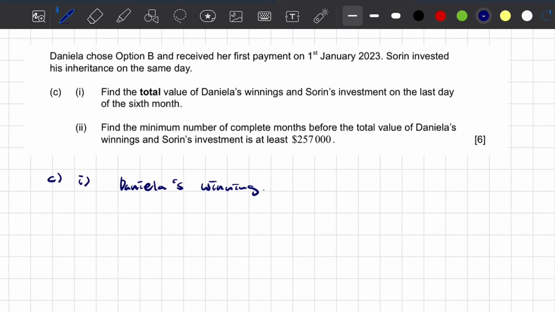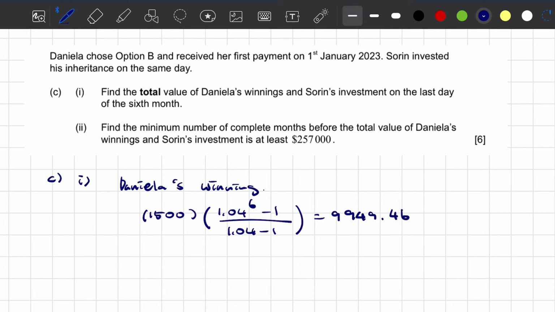So Daniela's winnings is the same as the first payment times 1.04 to the power of 6 minus 1 over 1.04 minus 1. I'm using n equals 6 because we are just compounding for 6 months, right? Then we get the value of 9,949.46.